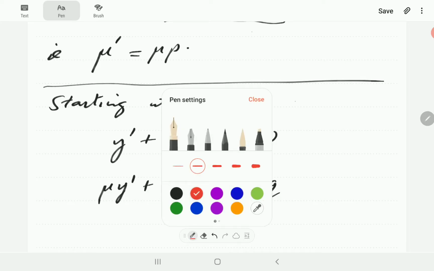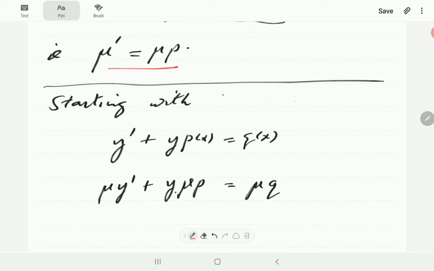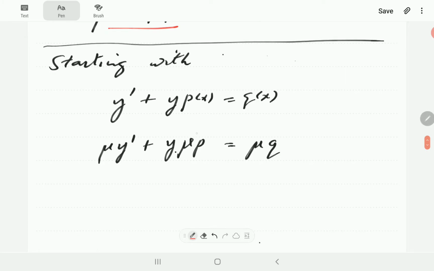And then from here, mu p is just mu prime. So this here is mu prime. So I can write this as mu y prime plus y mu prime.